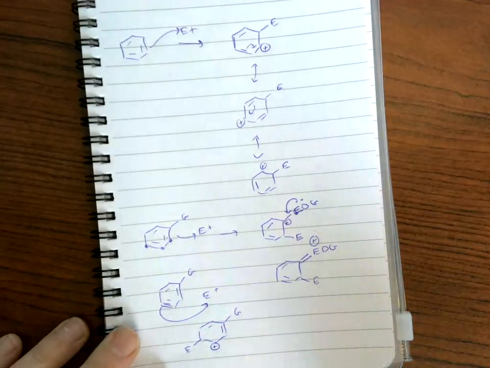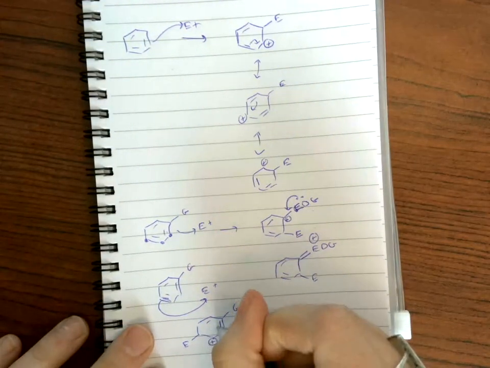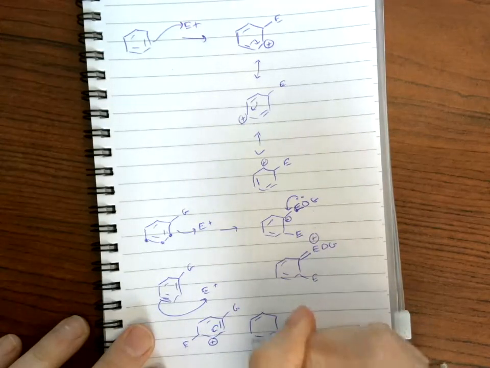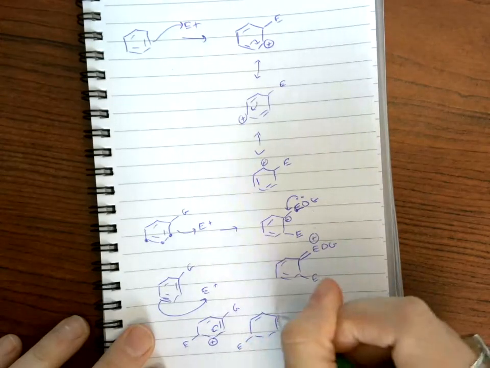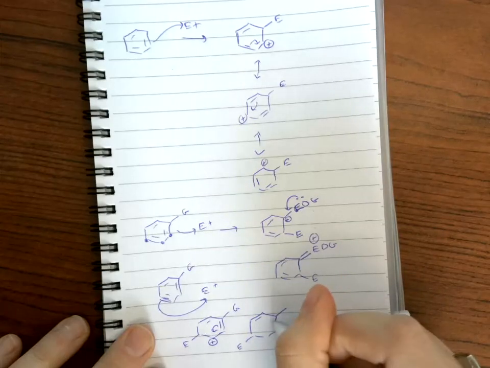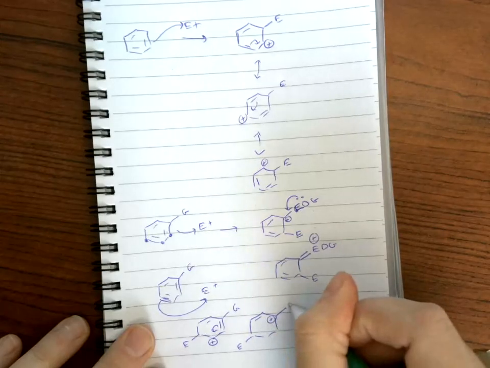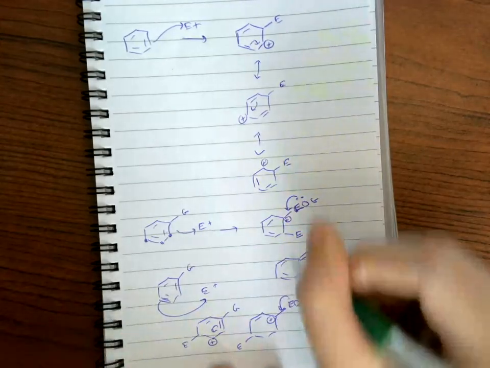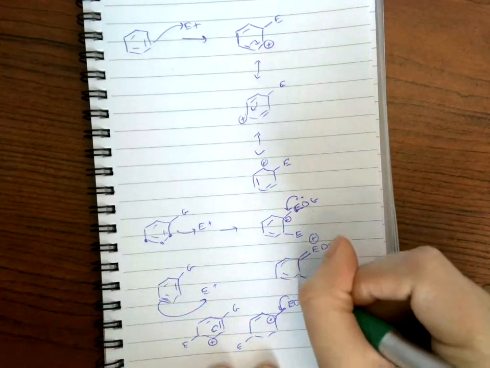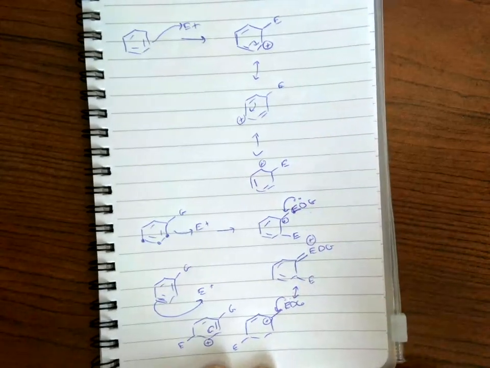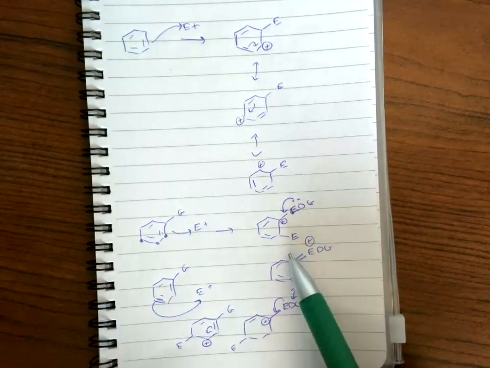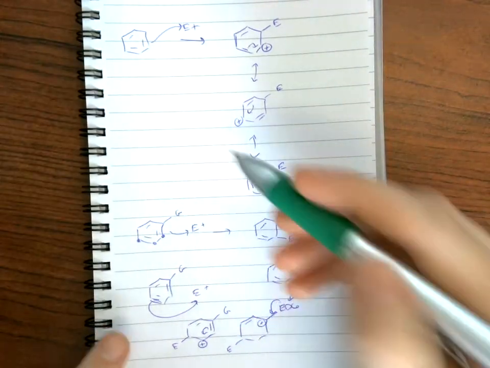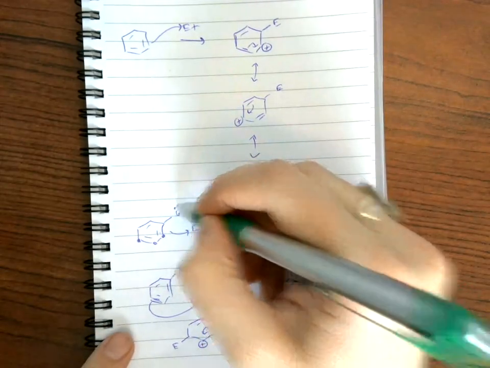So your positive charge goes there, and through resonance, your structure will be able to move the positive charge here. And then if you have your electron donating group and there's a lone pair, it can do that additional structure right here. So either the ortho or the para position will be favored by donating groups or groups that have lone pairs on them.